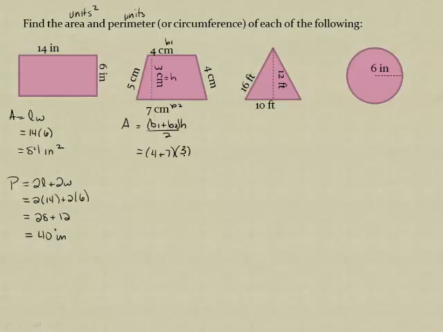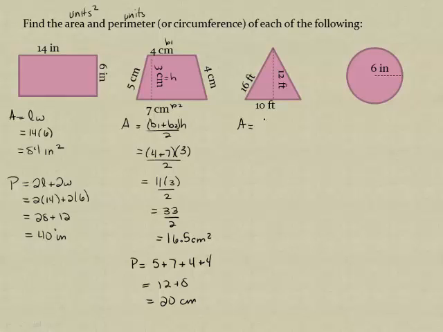So times 3 divided by 2, that's 11 times 3 divided by 2, 33 divided by 2, which is 16.5 centimeters squared. Perimeter is that I add up all the sides. So I went around and I did 5 plus 7 plus 4 plus 4. That's 12 and 8, which is 20 centimeters.